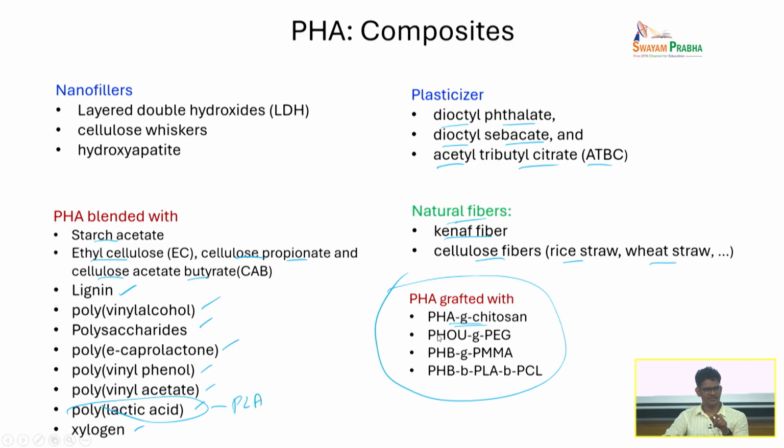So it has an amine group, right? This amine group can be activated to bond with PHA molecules. Similarly, PEG is polyethylene glycol, and PMMA, even PLA, PCL. So you have a lot of chemical options to directly graft many polymers with PHA.